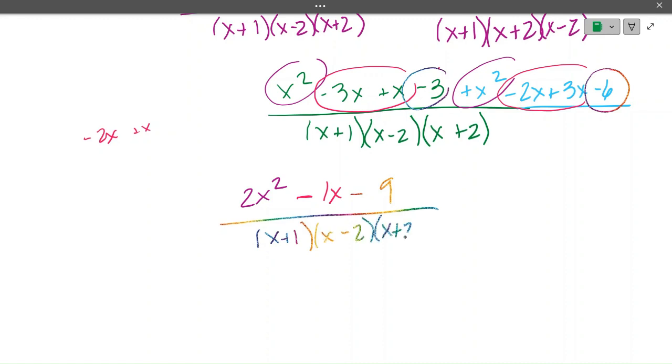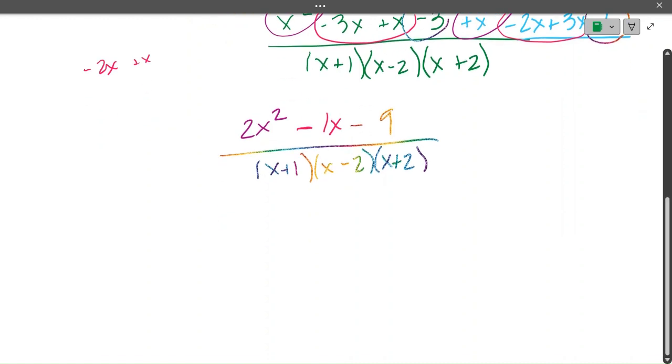Okay, now what we want to do is see if there's any way we can factor the numerator. So I'm looking at the factors of 2x squared, we can use 2 times 1, right? And 9 is really 3 times 3, or 9 and 1. But the problem with 9 or 1 is that these guys have to connect somehow.